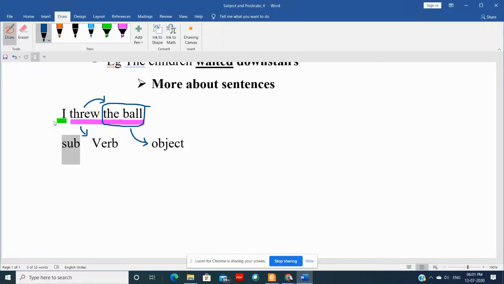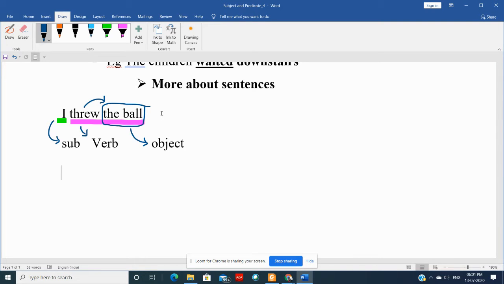So this I becomes your subject. All right. So this is how it is. I is your subject. Threw the ball is completely your predicate. In that predicate, threw is your verb. And when you ask a question to the verb, threw what? You get the answer, the ball. So the ball is your object. Okay. So this is how you can say that in the predicate also there are different parts.